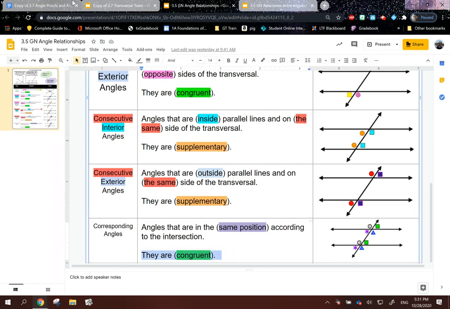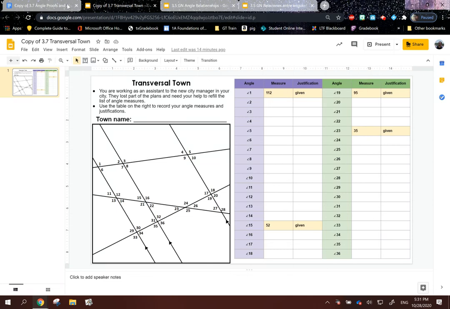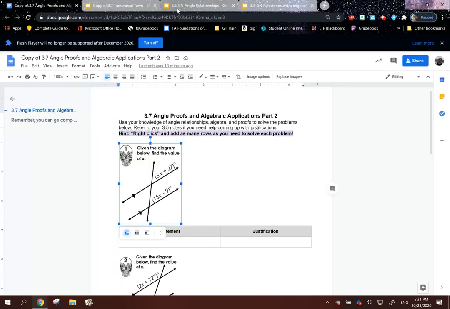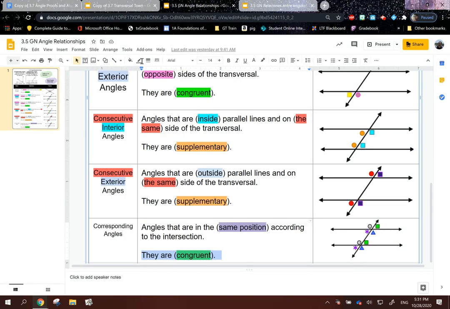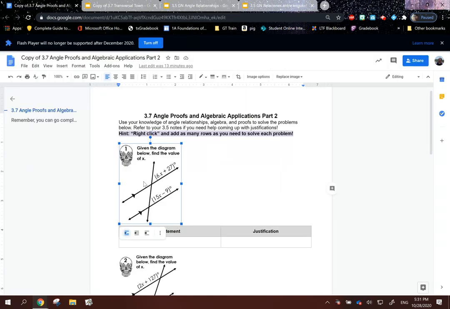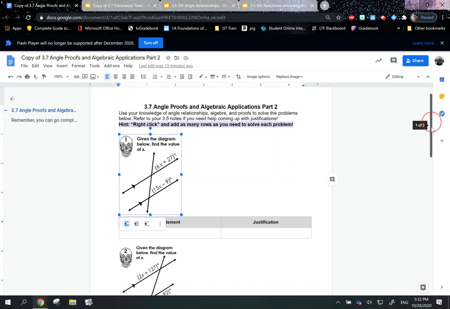Or if you didn't know that they were corresponding, you can use the notes to find out what type of angle relationship they are. In this video, I want to go over an example that has supplementary angles because we didn't really talk about that in the last one.